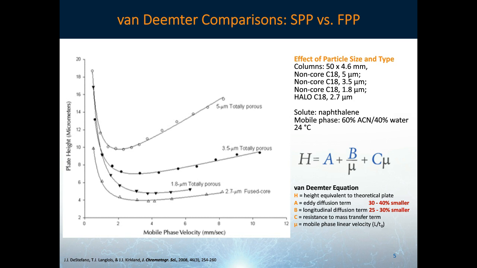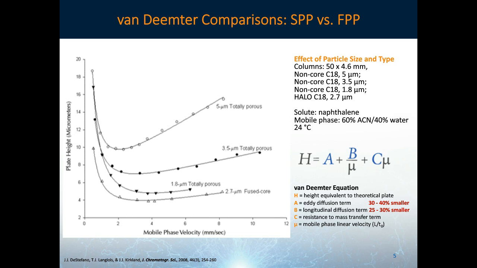So in this case, the smaller the plate height, the higher the efficiency or theoretical plates. And look at the huge difference between the 2.7 micron fused core trace compared to the 5 and the 3.5 micron totally porous particle traces.